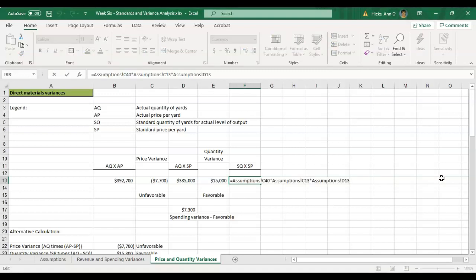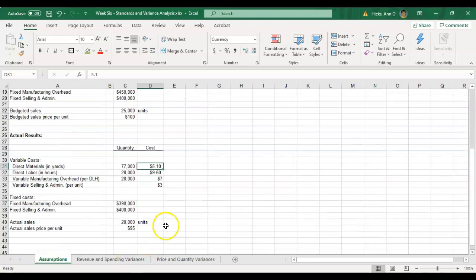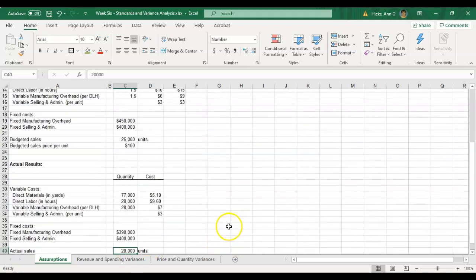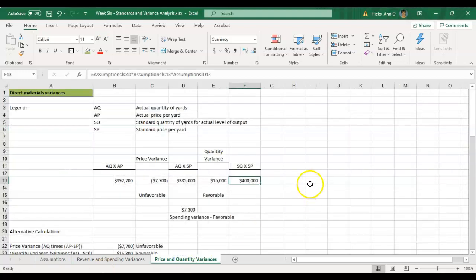This is effectively our flexible budget. If you look at the formula, it is taking the 20,000 units we sold, multiplying it times the 4 yards standard per unit, and times the $5 standard cost. That gives us 400,000.